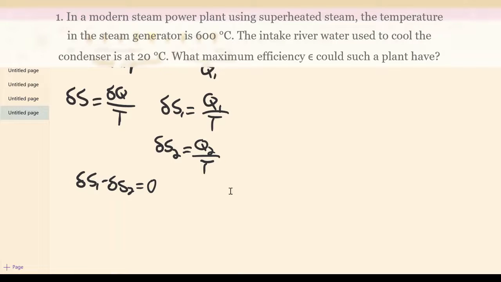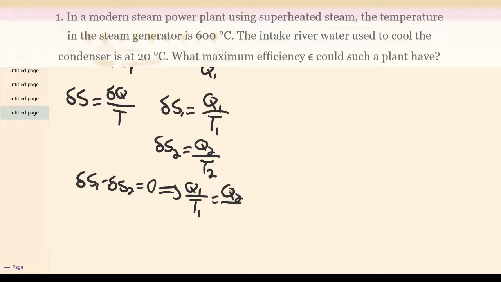So then this means Q1 over T, and this T, I neglected to mention, would actually be these respective T1 and T2, because the temperature during these two different stages of the cycle will be different.